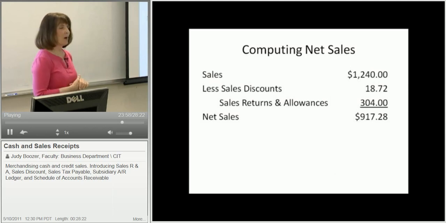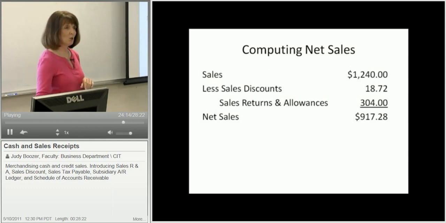We still have probably one revenue account, sometimes a couple, but there's things that will impact that revenue account, and those are the two contra accounts we learned about today. The first one is sales discount and sales return and allowance. So what you do is you take the balance in your sales account, your revenue account, and you subtract the discounts that were taken and the returns that customers made from that gross sales amount up here.